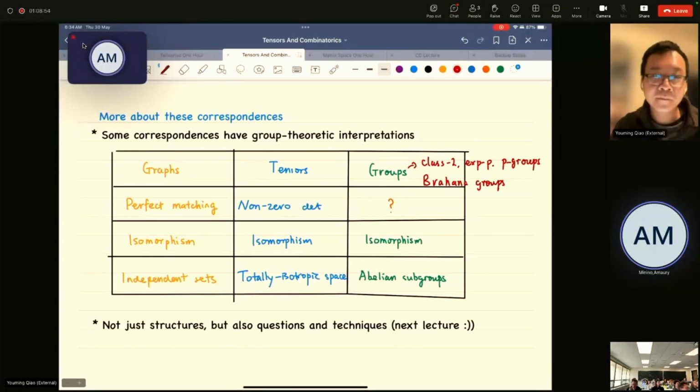Youming, you told us at length why we should care about the vanishing or non-vanishing of the Pfaffian here. And I understand that this has a correspondence in the graph theory that you wrote up. Are there similar graph theoretical reasons why I should care about the vanishing of the other minor ideals, not just the vanishing of the Pfaffian?